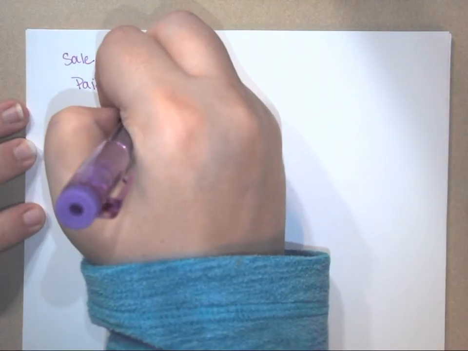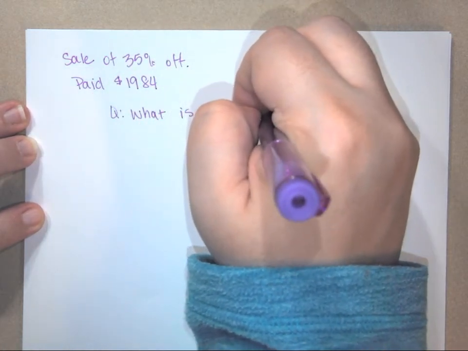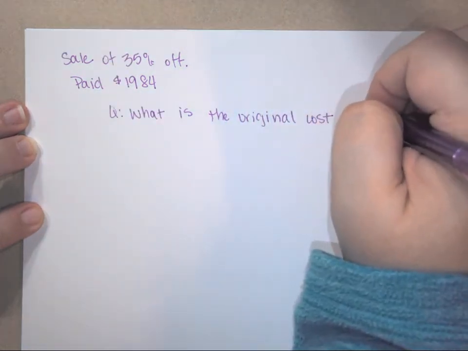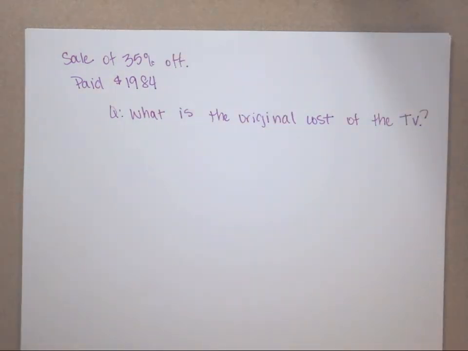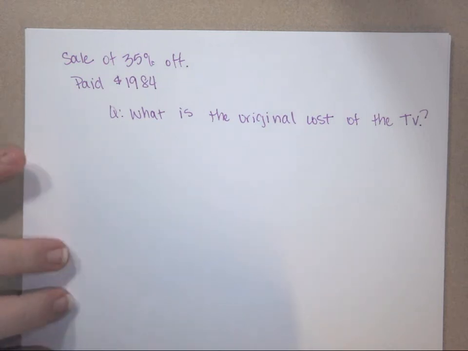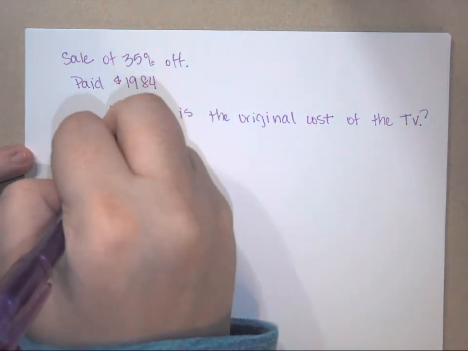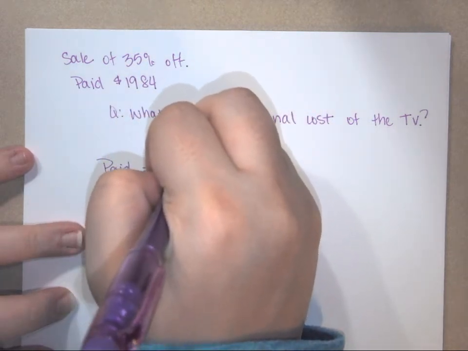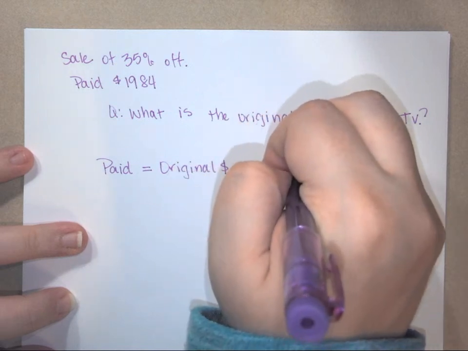Okay? The question would ask you, what is the original cost of the TV? So the way we essentially find it is we know what we paid is going to be your original cost minus the discount.